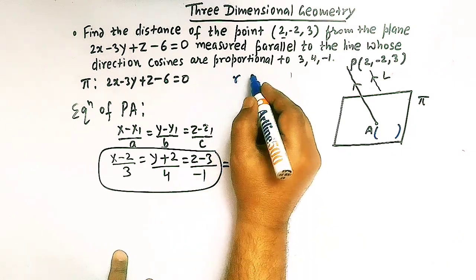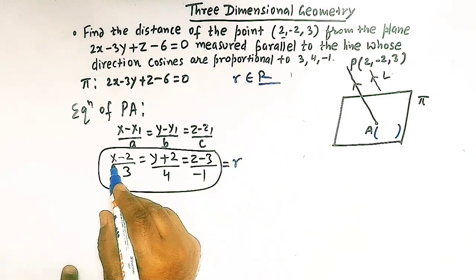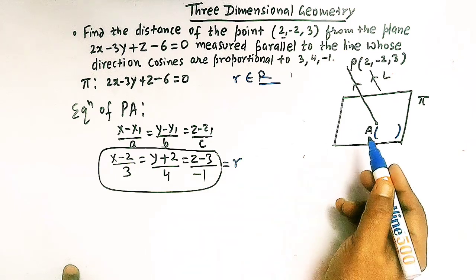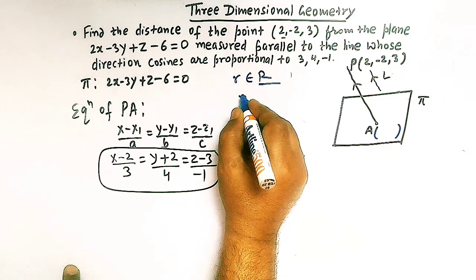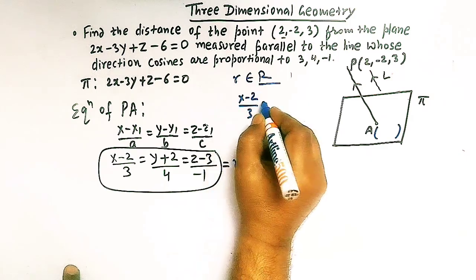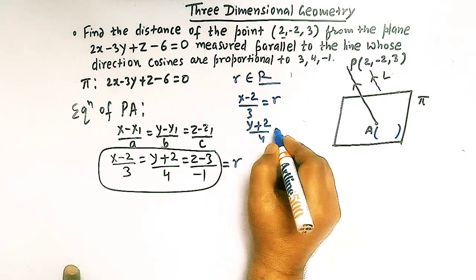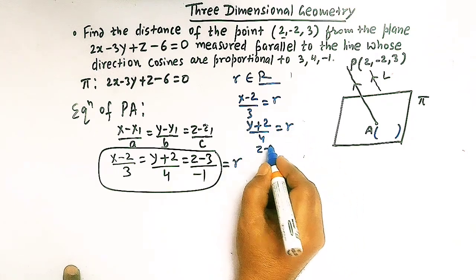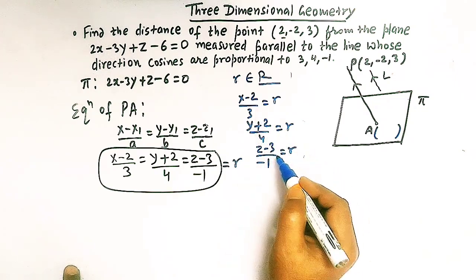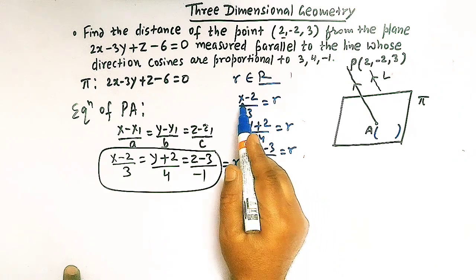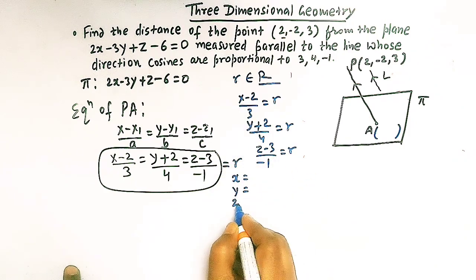So r belongs to the set of real numbers, and the coordinates of any general point lying on this line PA may be obtained like this: (x minus 2) over 3 is equal to r, then (y plus 2) over 4 is equal to r, and (z minus 3) over minus 1 is equal to r. So we have three equations. So let us solve them for x, y, and z.